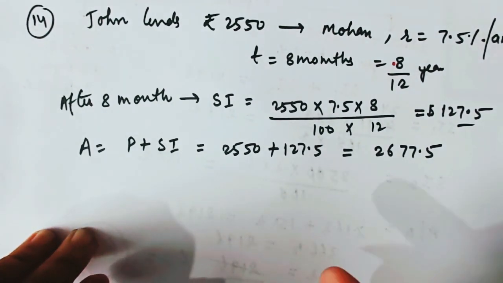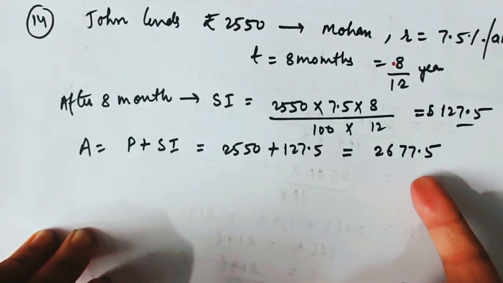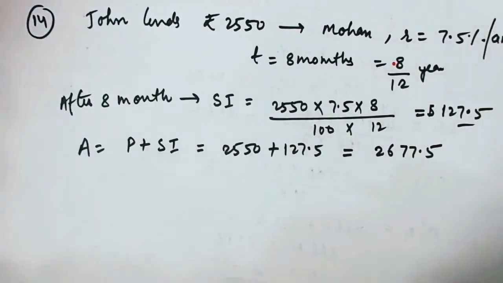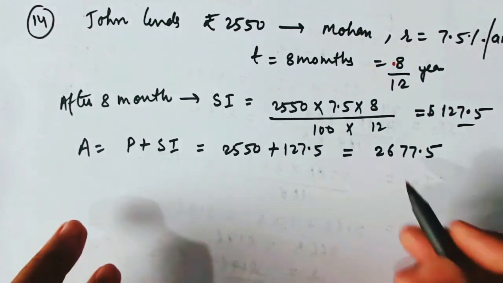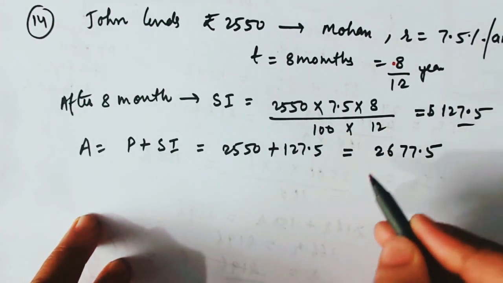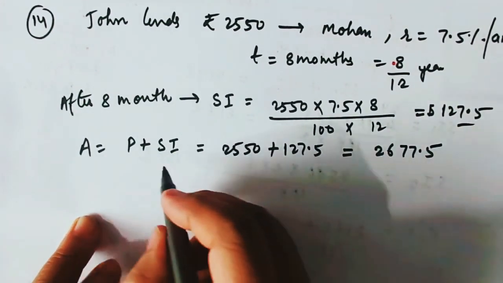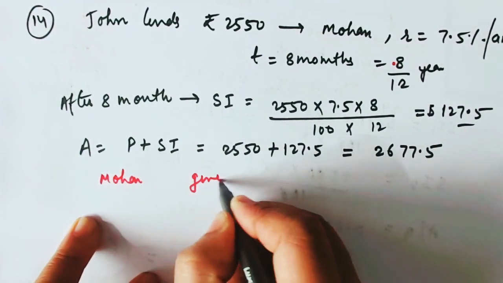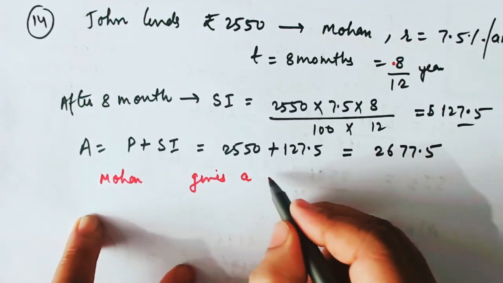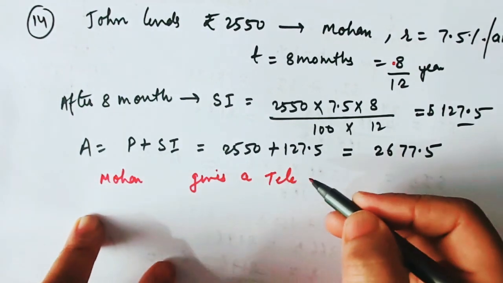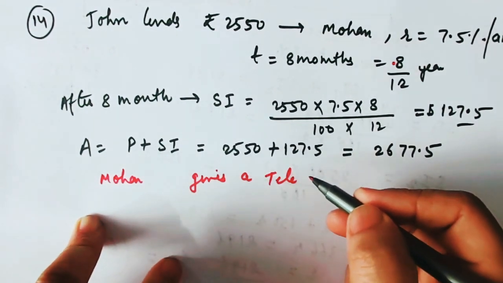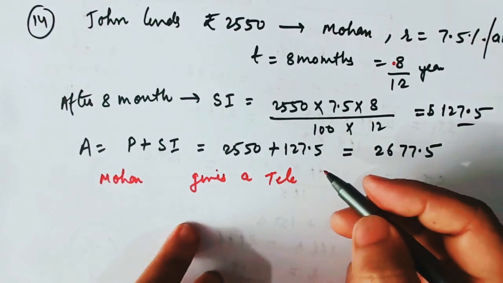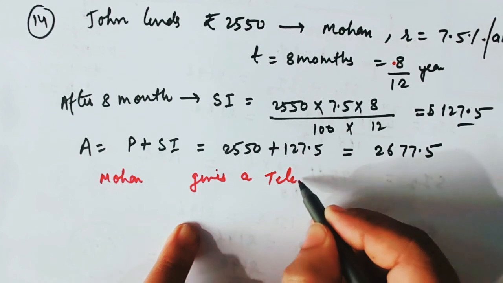But out of this amount, what does Mohan do? Mohan does not give 2677.5 to John. Instead, Mohan gives an old black and white television and rupees 1422.50.